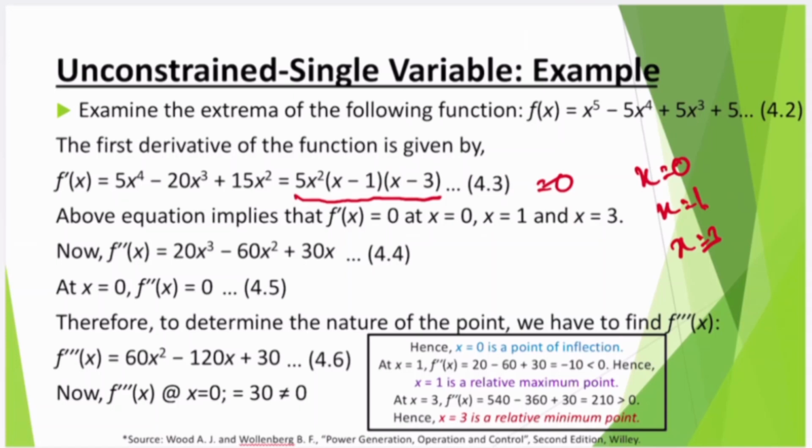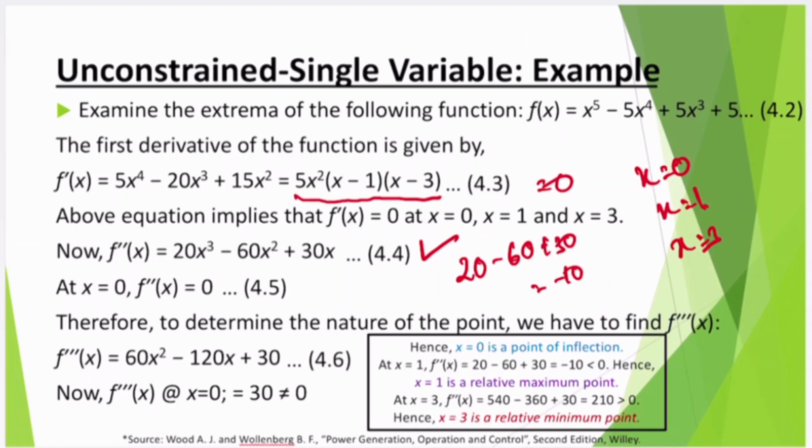So now when x equal to 0, you go for the second differentiation. That is given in equation number 4.4, and you differentiate and substitute the value of x equal to 0, and you get second differentiation 0. Then if you put the next value x equal to 1, you will get another value: 20 minus 60 plus 30 is equal to minus 10, which is less than 0, and hence x equal to 1 is my maximum point.